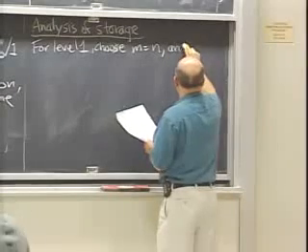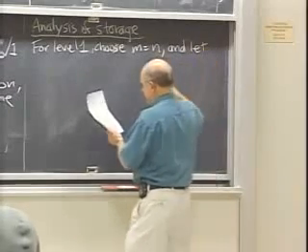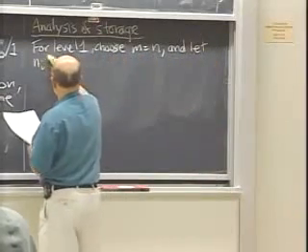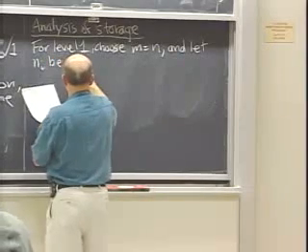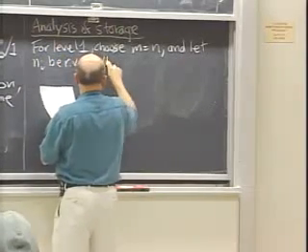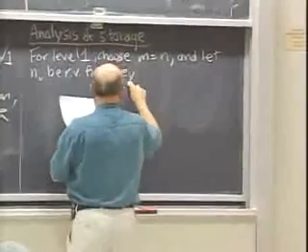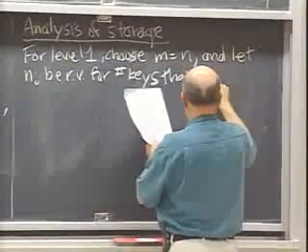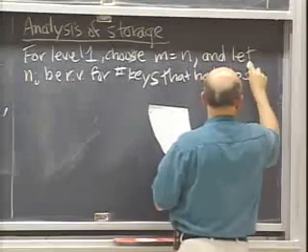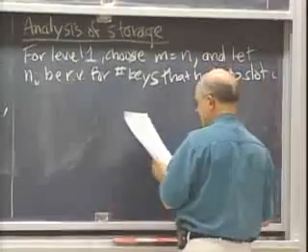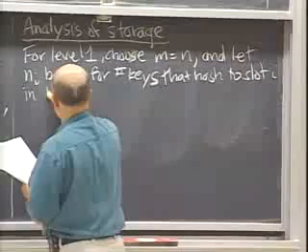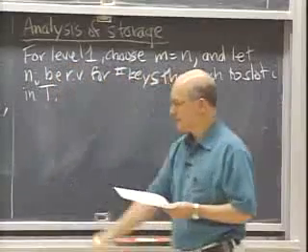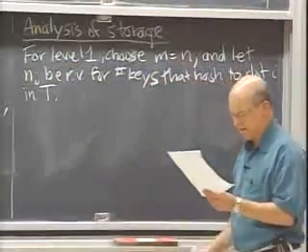And now let n sub i be the random variable for the number of keys that hash to slot i in T. Okay, so n sub i is just the number of elements that slot there.